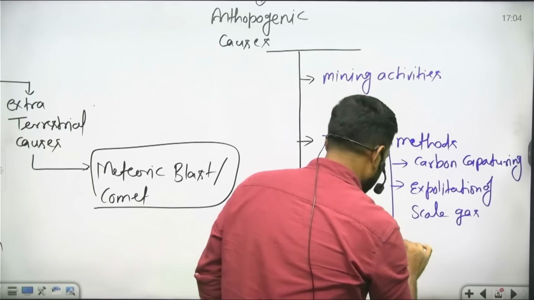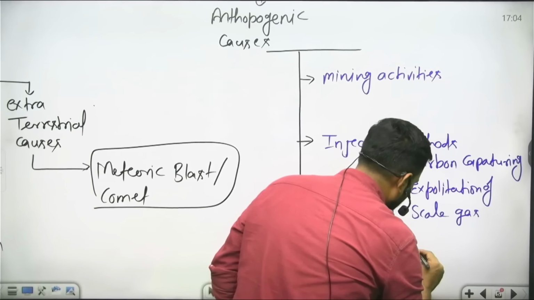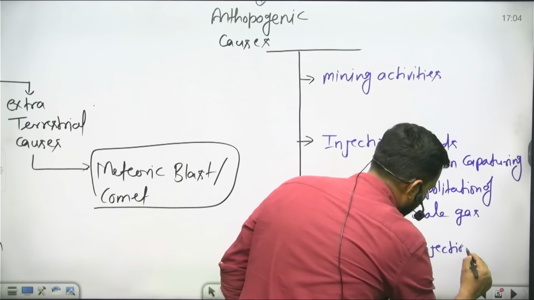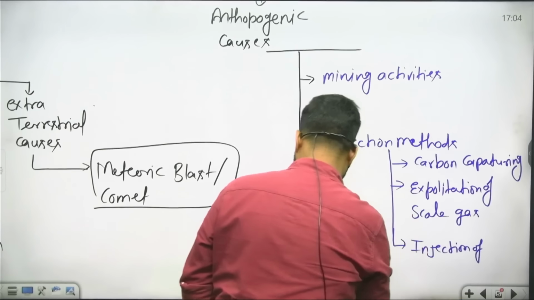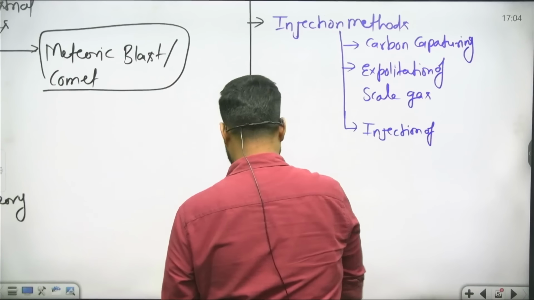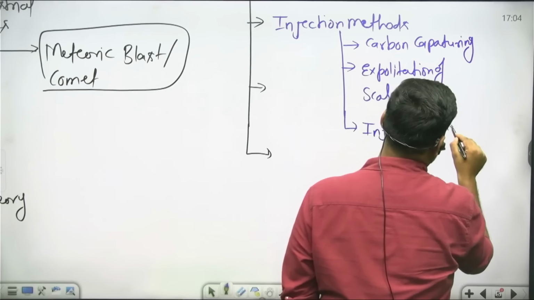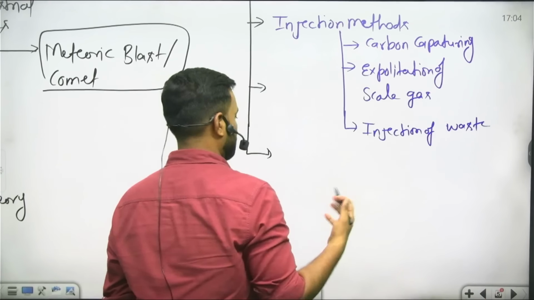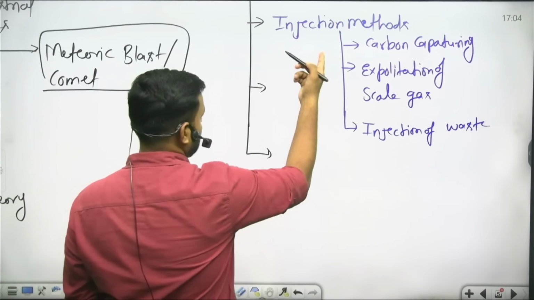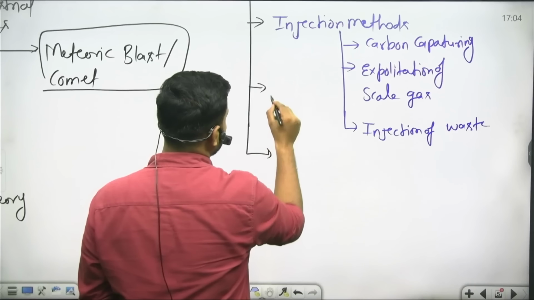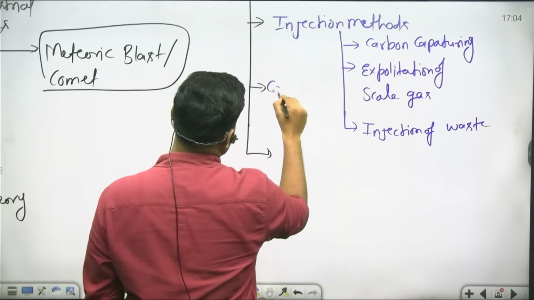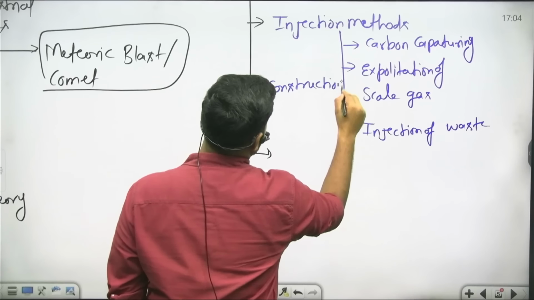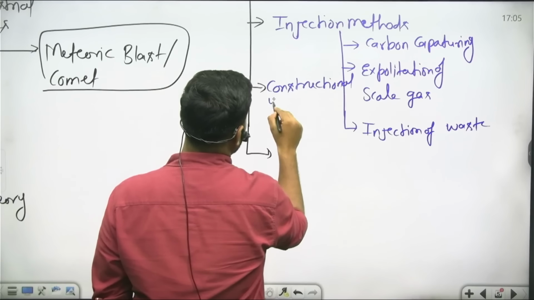Third one is the dumping or ejection of waste inside the earth. Okay, the second one is the ejection method. Third one is the constructional work.